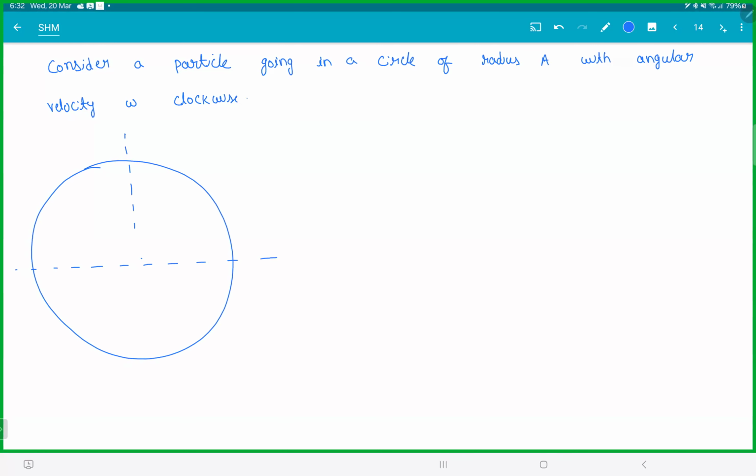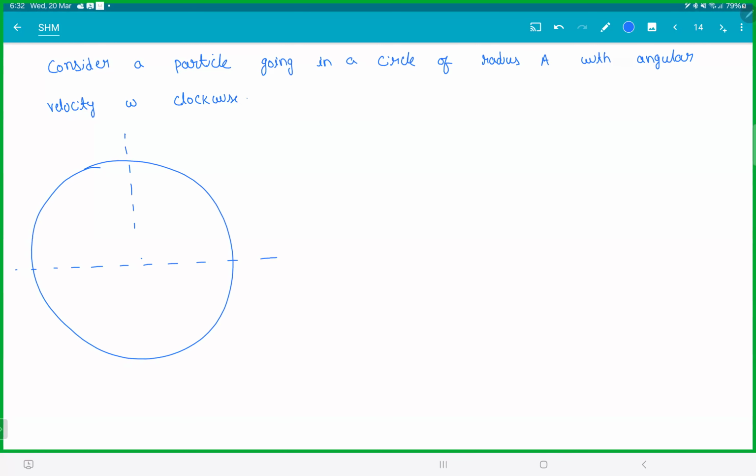After time t, and remember this whole setup is rotating with omega. This particle here is rotating with omega. So after time t, this guy will cover an angle of omega t plus phi. Initially already angle at phi, and it will cover extra omega t.